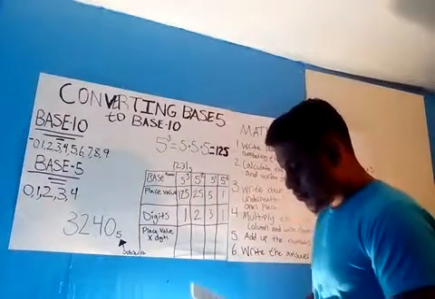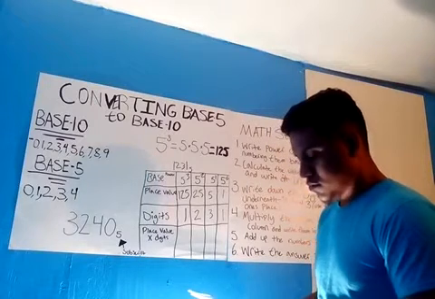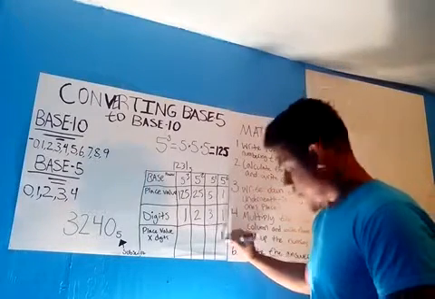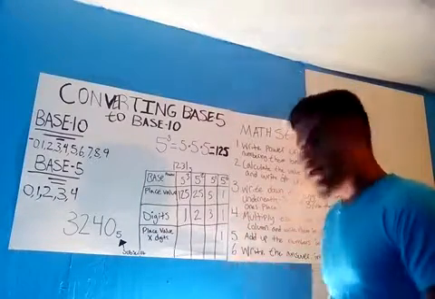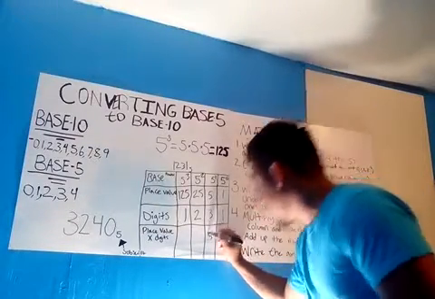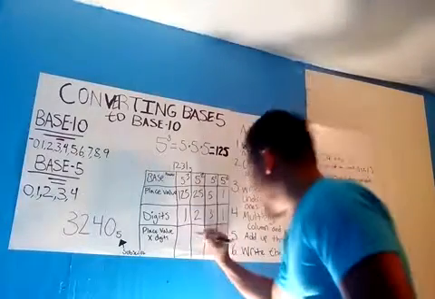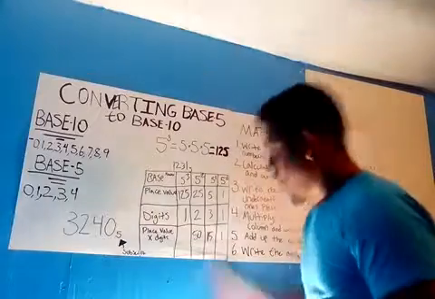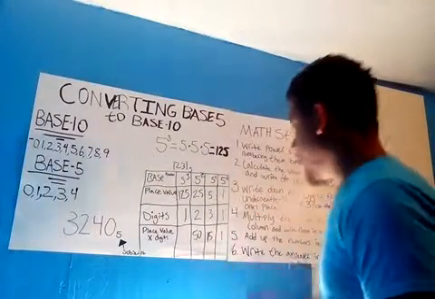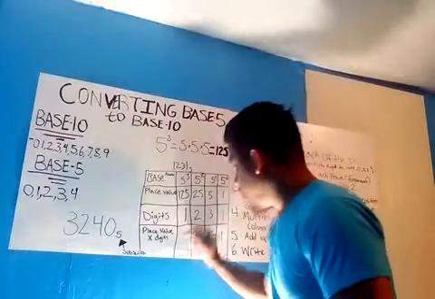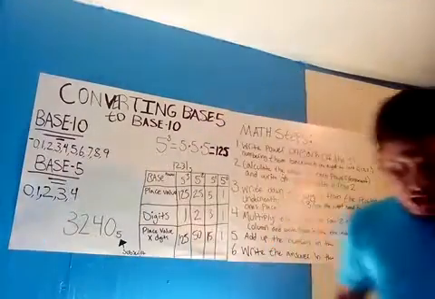Now we're going to do a 1 right here. So 1 times 1 is 1. 5 times 3 is 15. 25 times 2 is 50. And 125 times 1, like we said earlier, whatever it is, times 1 is the same number that we're using. So 125. Good job, class. Good job.